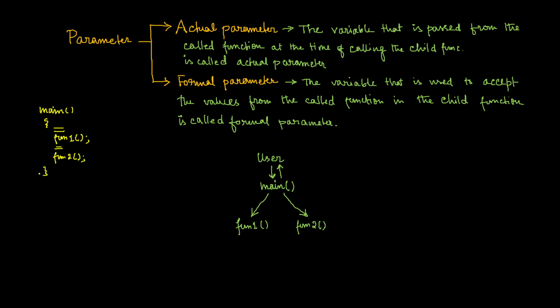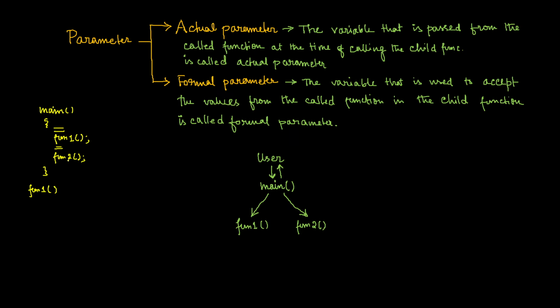Now naturally I have to define this fun1 function. I don't know what type of function it is. It may be void, it may return something. I'm not interested in which category fun1 and fun2 come under. In this particular slide, I am interested in how they are interconnected with each other with respect to calling and returning.